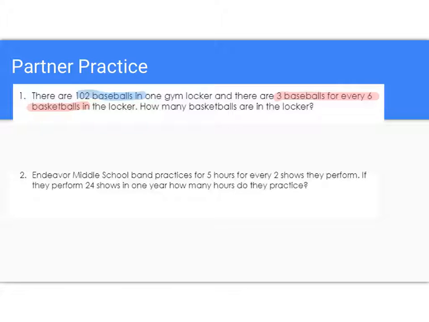We have 3 basketballs, I'm going to shorten that, for every 6 basketballs. And our target is 102 basketballs, so it has to go on top to match the original ratio.